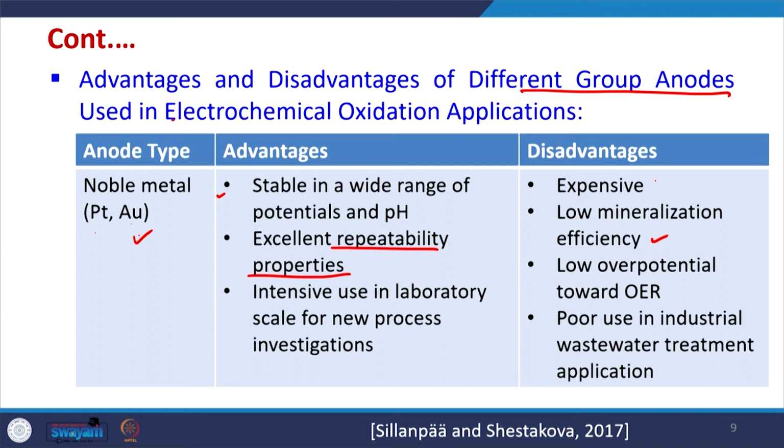The disadvantages are that they are certainly expensive, they have low mineralization efficiencies compared to other anodes, and low overpotential towards the oxygen evolution reaction. So, they are poorly used in industrial wastewater treatment because of their expensive nature.